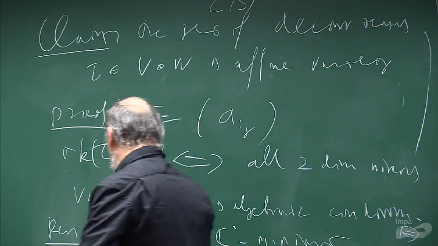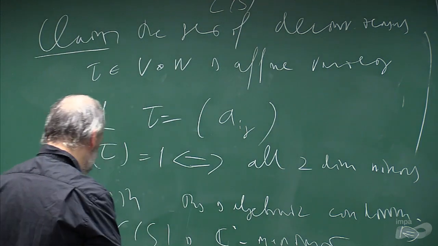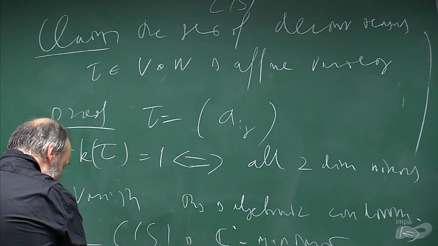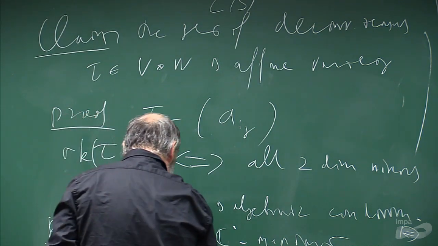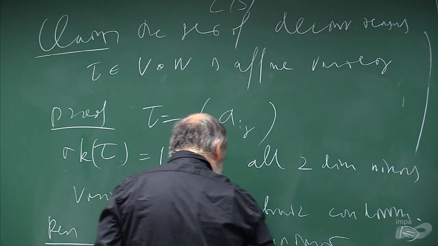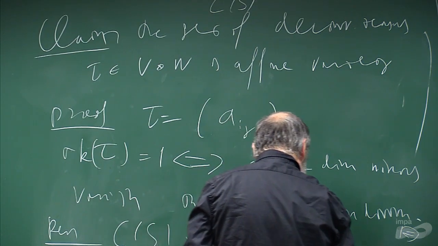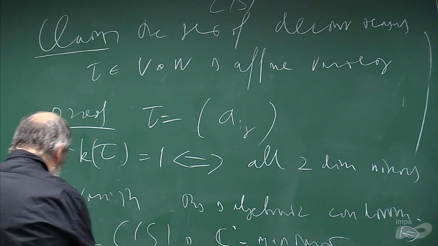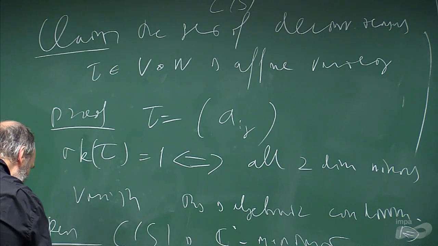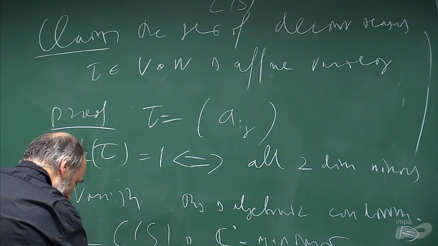Then we can define S as the projectivization of the set of decomposable tensors. It's a projective variety, and by definition it is called the Segre variety.